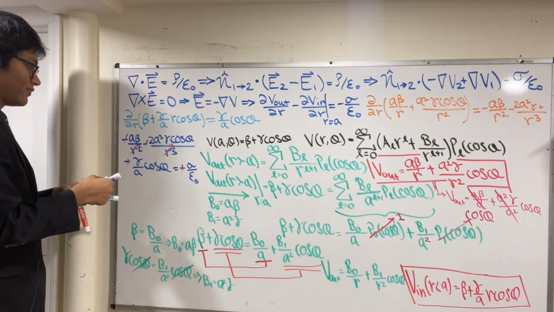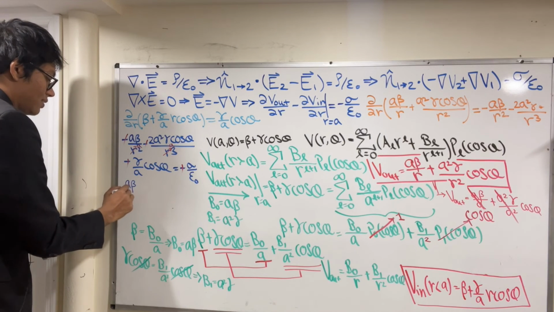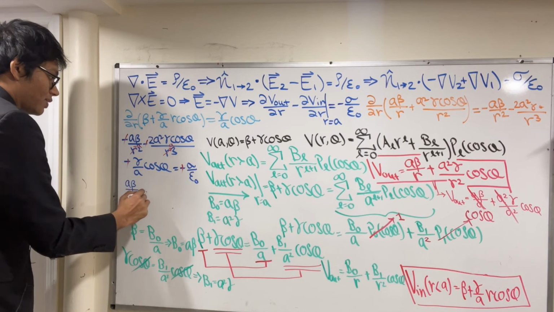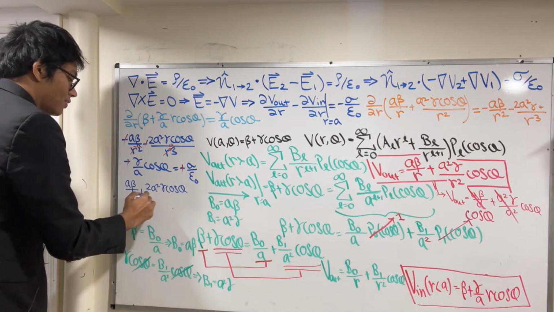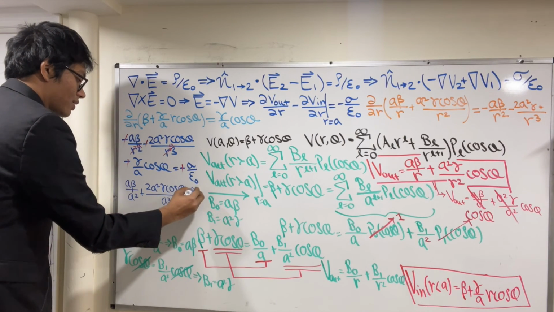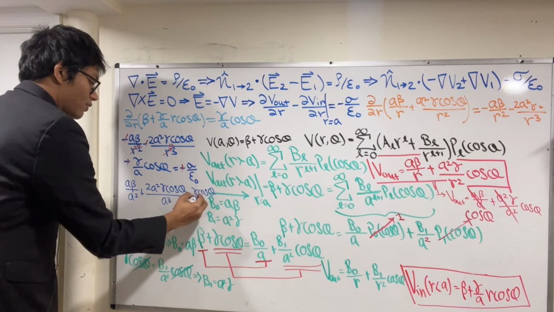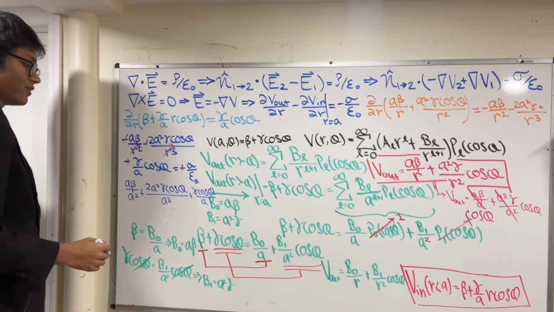Now it's just a matter of doing the algebra. So we're going to have a beta over a squared plus 2a squared gamma cosine theta over a cubed plus gamma cosine theta over a. And all of that is equal to sigma over epsilon naught.